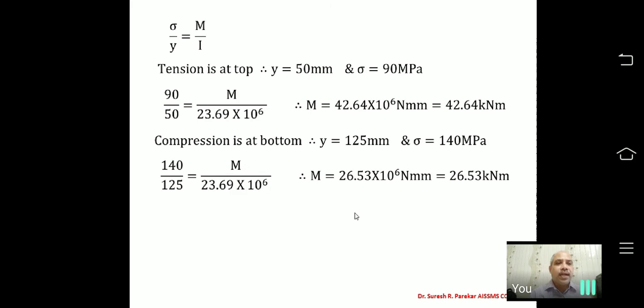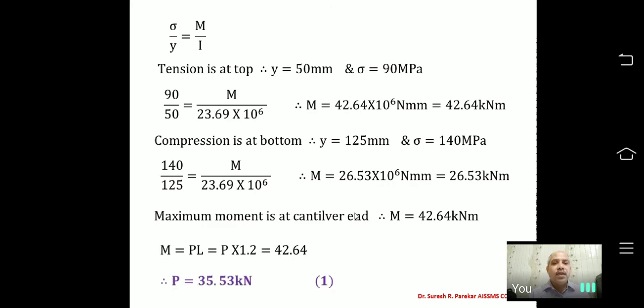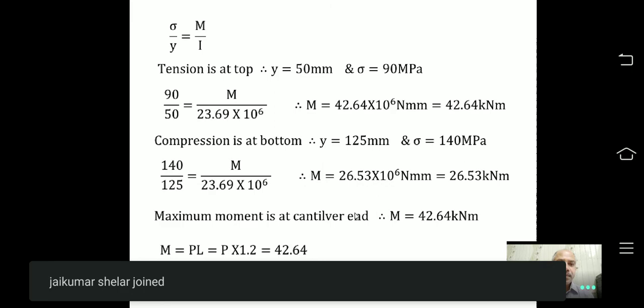We have y 125, sigma 140, because we have bottom, and bottom we have compression. I will get M as 26.53 kilonewton meter. So we have to consider maximum moment, and for this maximum moment, I will get value of P, which will be 35.53 kilonewtons.